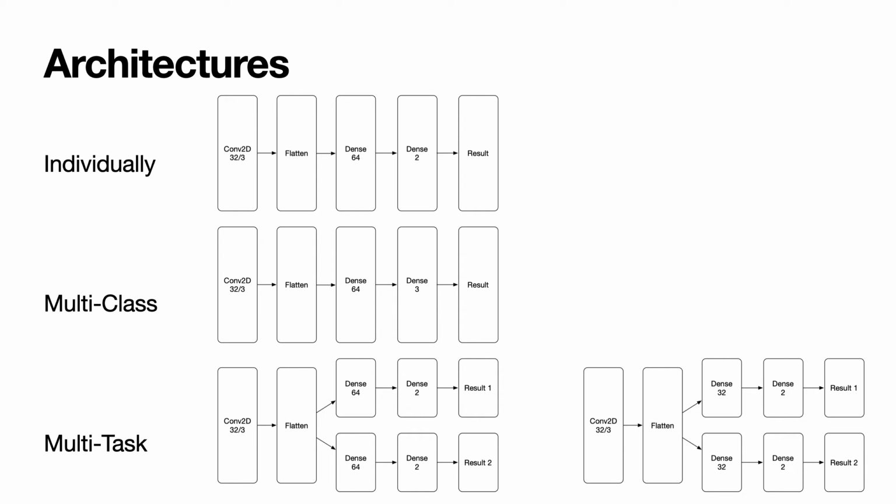In the multitask architecture, we split off after flattening the first convolutional layer into 2 branches, and those branches represent the same architecture as the individual model with dense 64 and then dense 2.